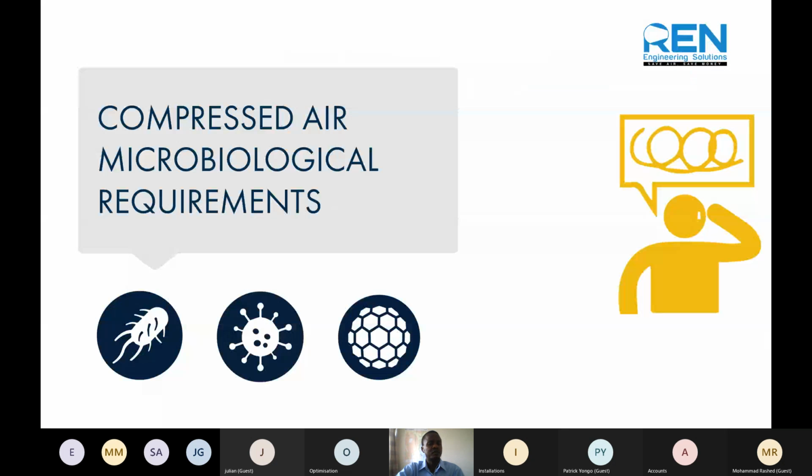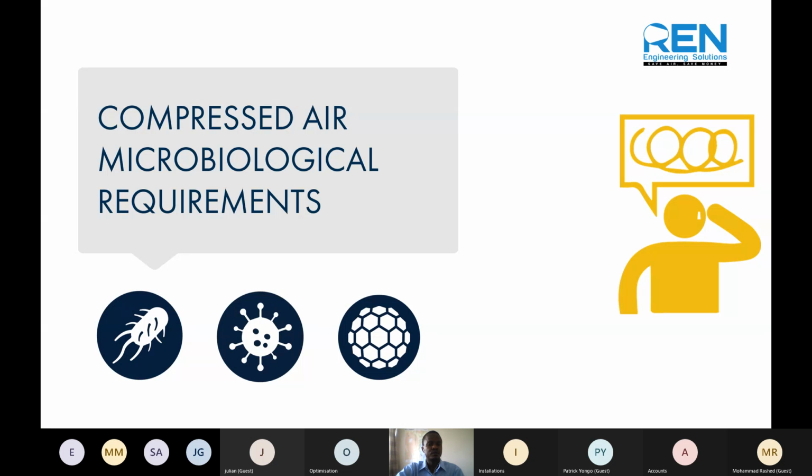Another key thing that we may have not dwelled so much on is, what are the microbiological requirements? Have you set a standard internally for the number of CFUs that is allowable in your compressed air? This is something that we find varies from industry to industry.